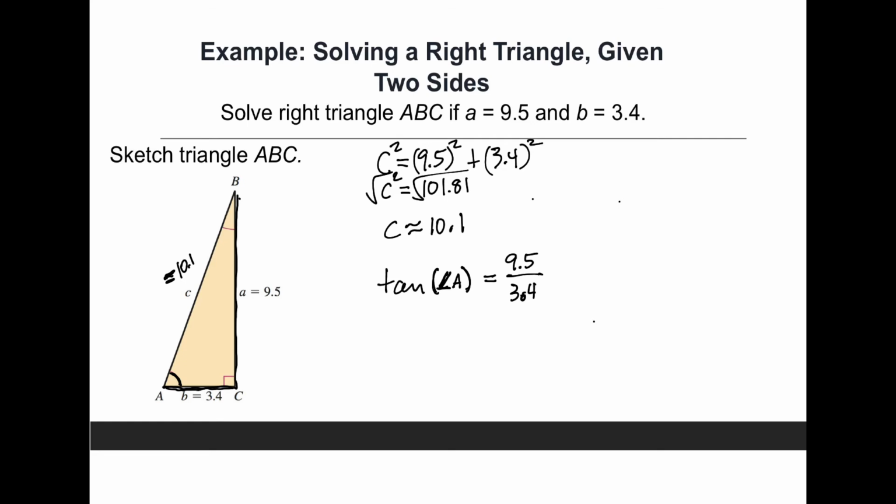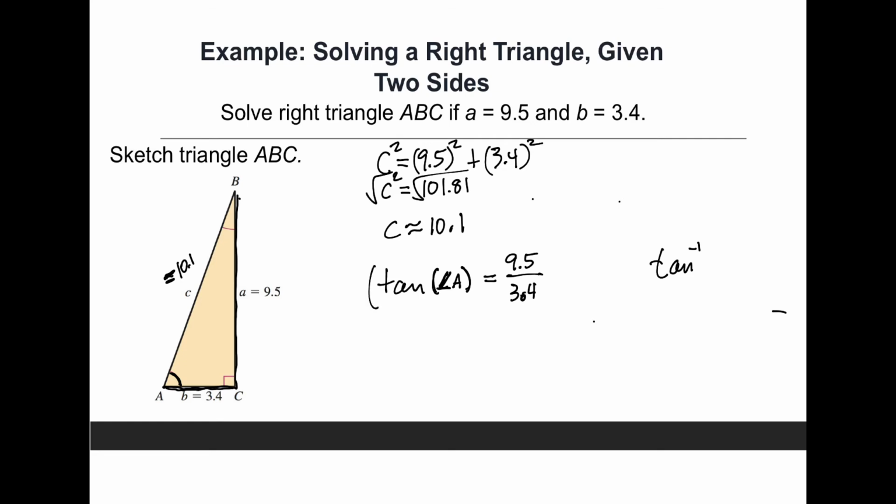9.5 over 3.4. How do I solve this for the angle, though? Well, above the tangent, sine and cosine buttons you're going to see tan⁻¹, and then cosine⁻¹ and sine⁻¹. What that means is doing the opposite operation, going from one thing to another. It's the inverse of tan.